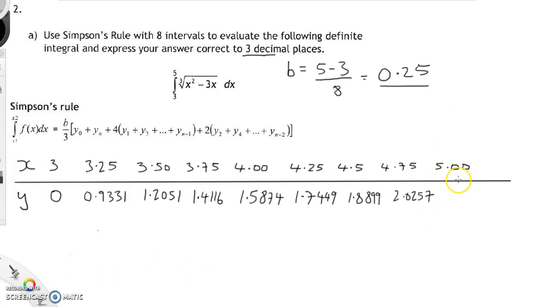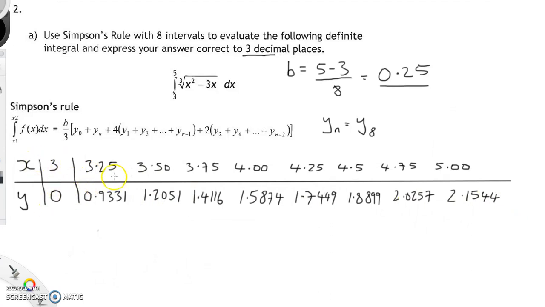And finally the last one, y sub 8, 2.1544. That reminds me, to see where it says yn here, for us yn, the last one, is going to be y8. So we have y0, y1, y2, y3, all the way up to y8.